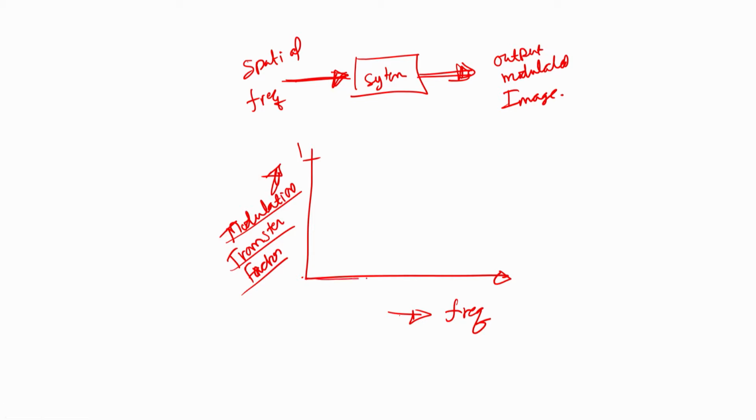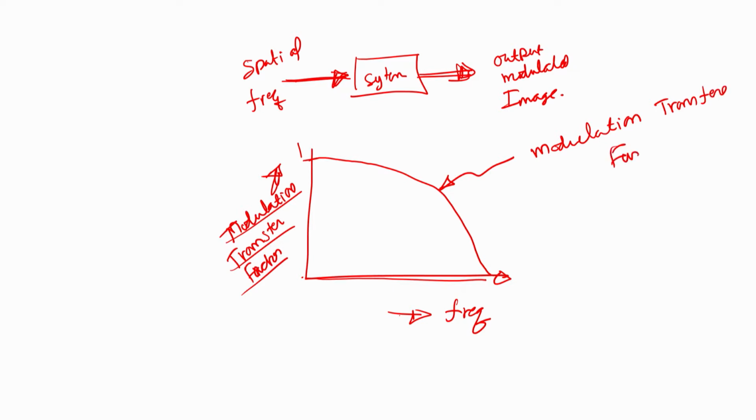For various frequencies, this may be 1, but all of a sudden it may be reducing. This function is called the modulation transfer function or MTF.